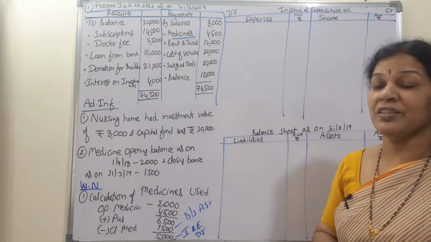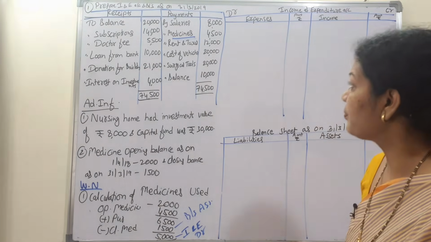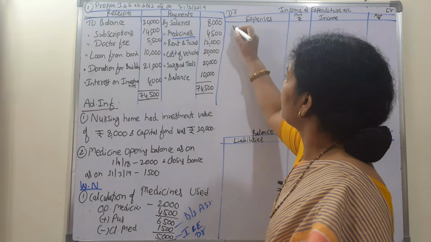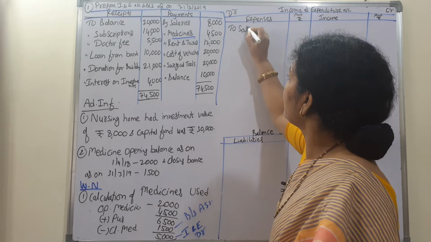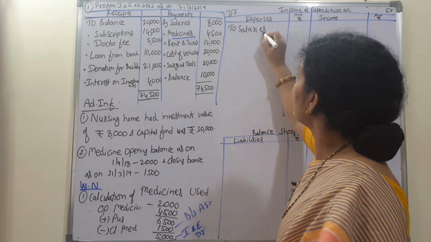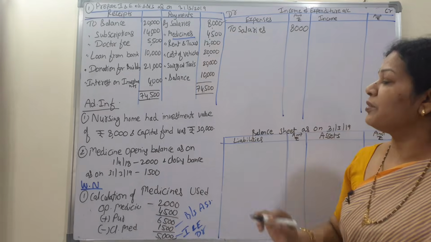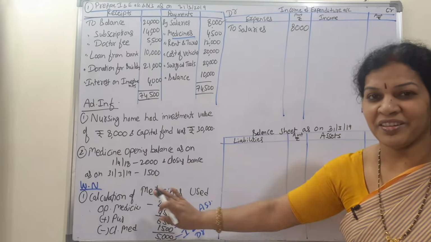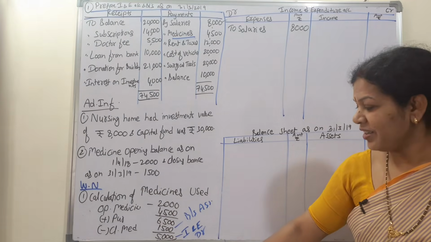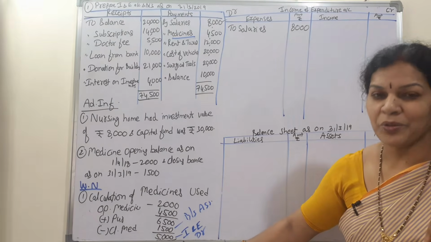Salaries means it is expenses to salaries, 8000 over. Medicines, as we have done this homework, actually used is 5000 only expenses.